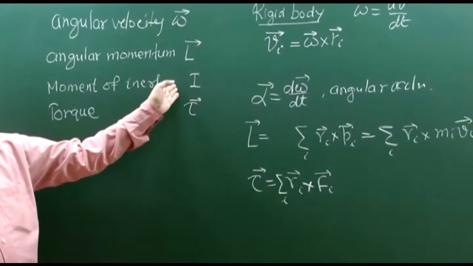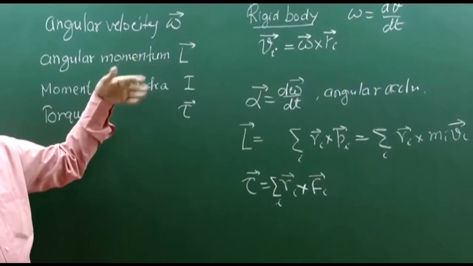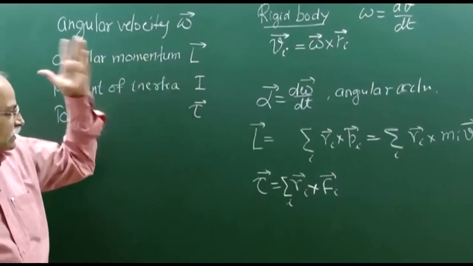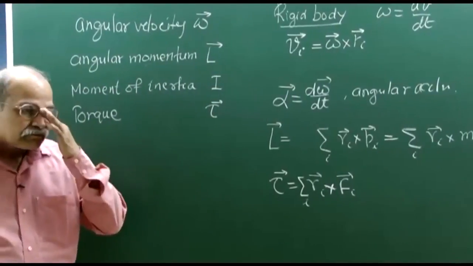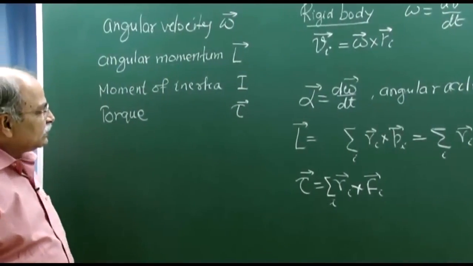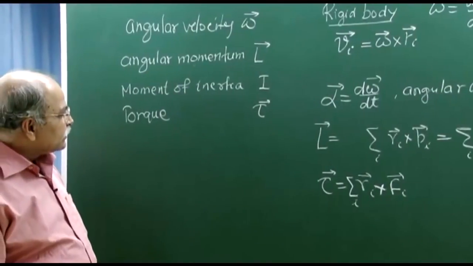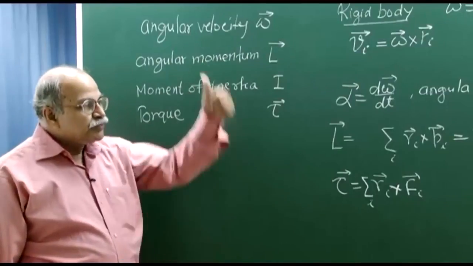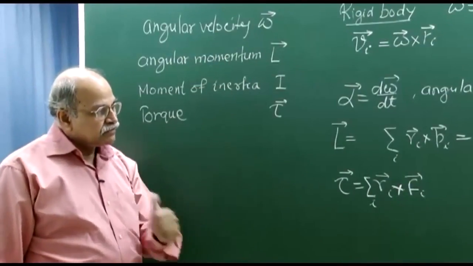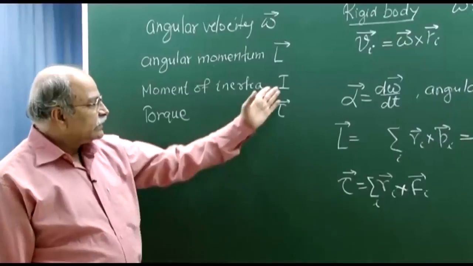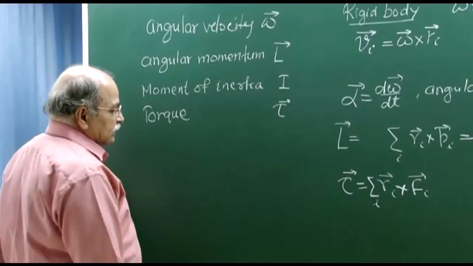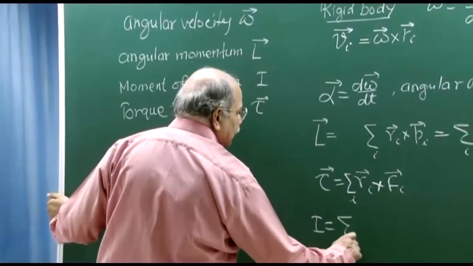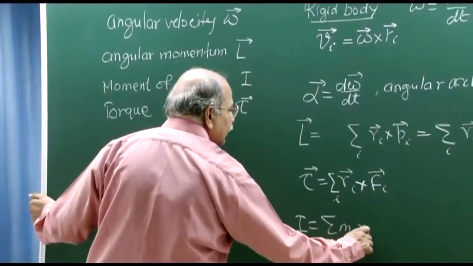Moment of inertia is something which is more tricky, and probably I will not be talking about this much. Now, some of the elementary textbooks define moment of inertia about an axis. They assume that this rotation is about a fixed axis of rotation, and then the definition of this I is simple, and that is summation over mi Ri square.